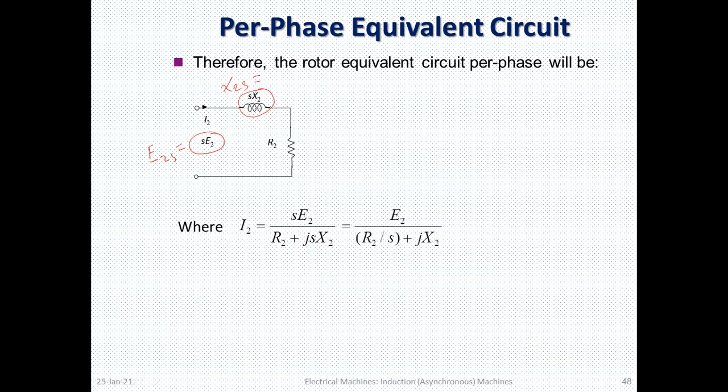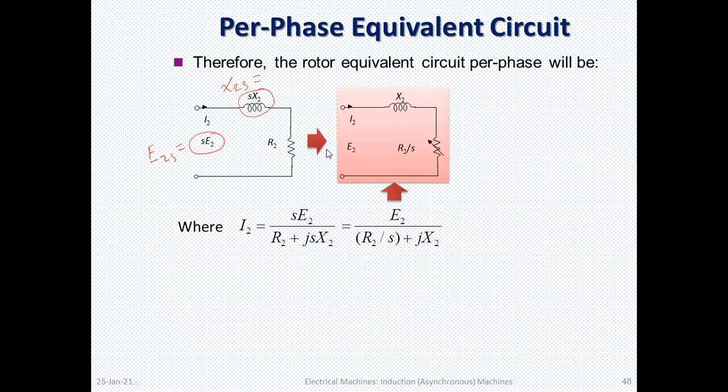Now this relation can also be simplified. If we divide this relation by S, R2 by S will be here and S will cancel out from the numerator. So this relation is E2 divided by (R2 by S plus jX2). So now the equivalent circuit is changed. Why is it changed?